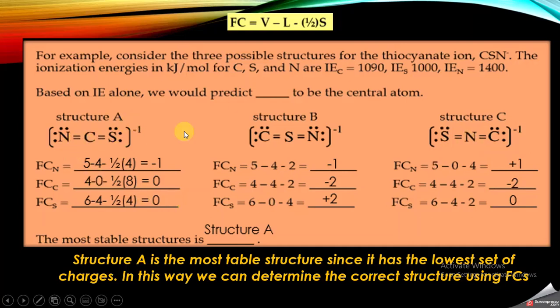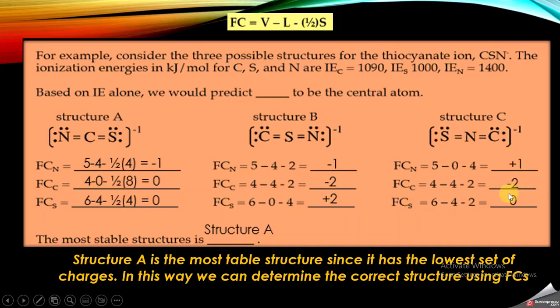And if you draw their Lewis structures by following all the rules, and then you calculate the formal charges on each atom in structure A, in structure B, and in structure C. So here you see you have -1 charge, 0 and 0. In structure B you have -1, -2 and +2, and here you have +1, -2 and 0.